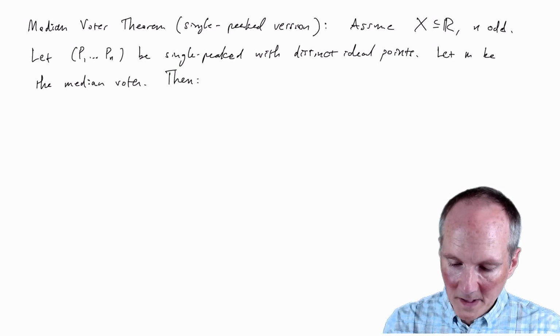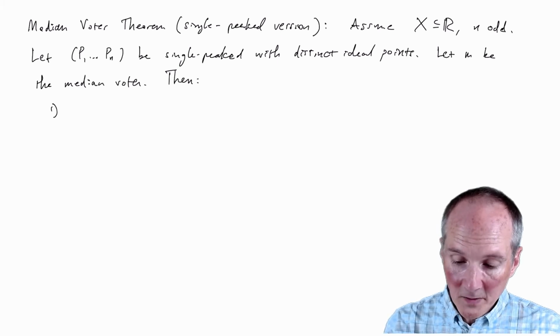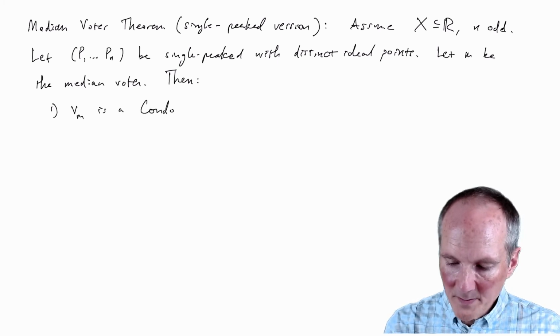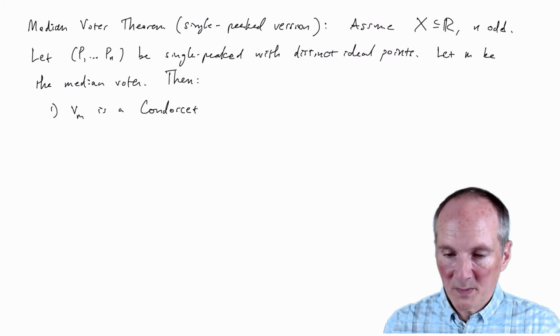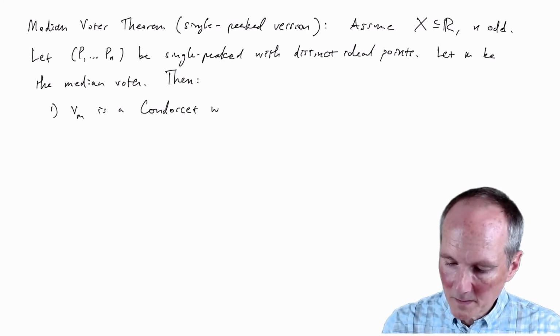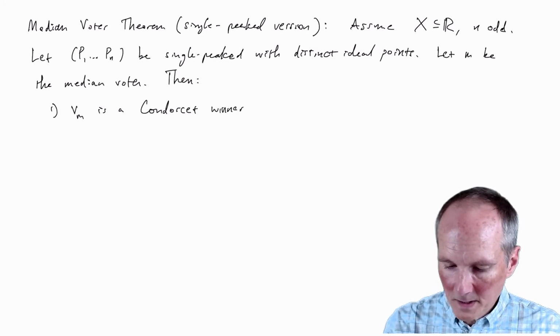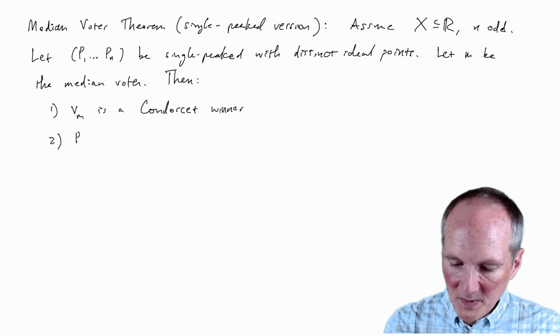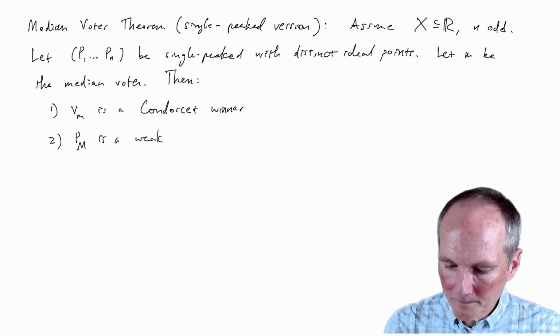One is that the median voter's ideal point is a Condorcet winner. Okay, that means that it beats every other alternative. And two, the majority preference relation is a weak order.